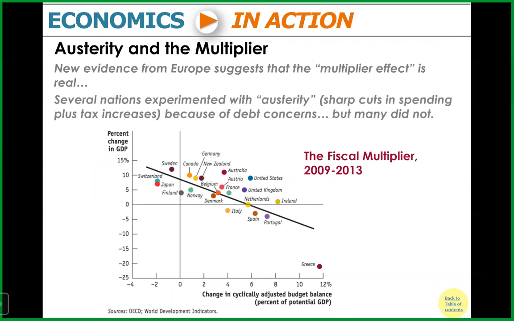Now this slide is going to show you how this multiplier, or the stimulus, actually works. On the horizontal line, these are changes in the cyclically adjusted budget balance.